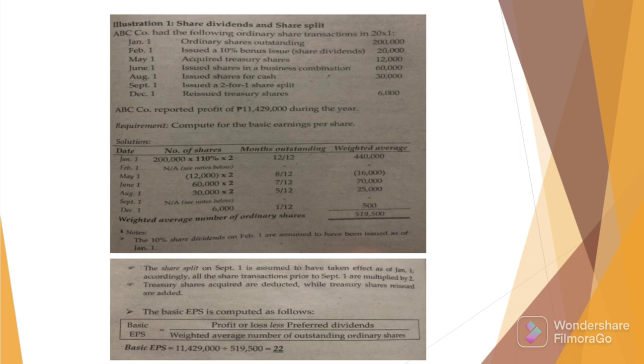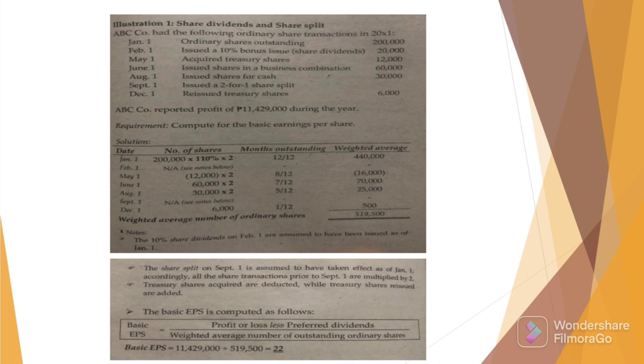Times 2 kasi, katulad din ng share dividends or ng bonus issue, ang share split during September 1, naka-indicate doon sa given na nung September 1, nag-issue ng 2-for-1 share split. Ibig sabihin, ita-times mo ng 2 yung mga nauna sa kanya, yung number of shares.